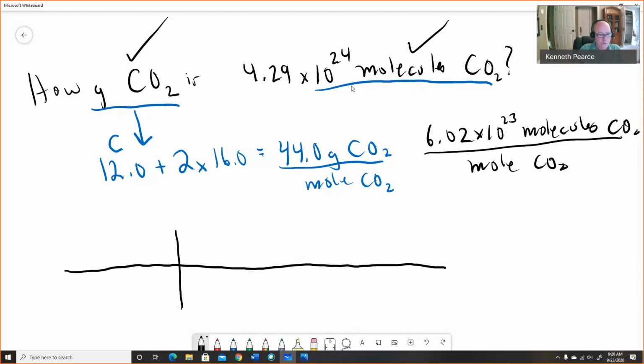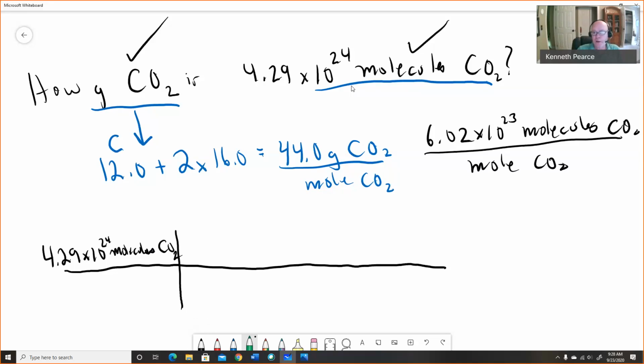So we go 4.29 times 10 to the 24th molecules, not to be confused with moles, it's molecules, CO2. And now it becomes a question of matching. We have to match. And what do I need to cancel? Well, I need to cancel the molecule CO2. Where do I see molecule CO2 in my conversions?